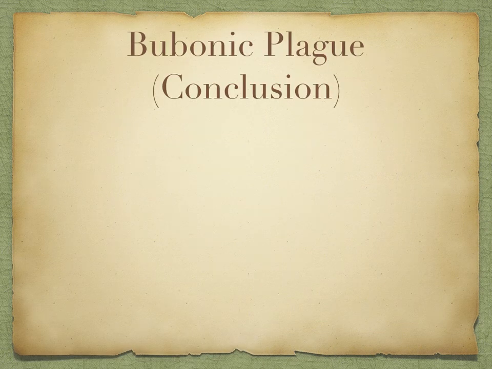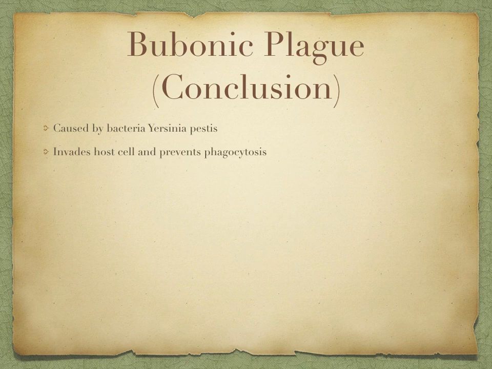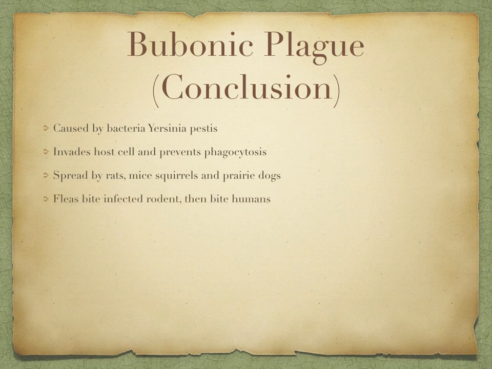All right, so in conclusion, what we have here is bubonic plague that's caused by the bacteria Yersinia pestis. It invades the host cell and prevents phagocytosis with type 3 secretion systems and effector proteins. It's spread by rats, mice, squirrels, and prairie dogs. Fleas bite those infected rodents and then bite humans.